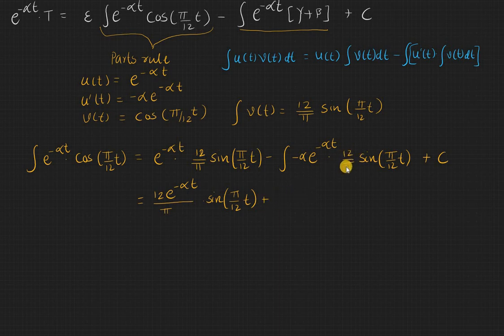We take 12 by pi and alpha outside the integral, so it will be 12 alpha divided by pi, and into the bracket we have integration of e to the power minus alpha t sine of pi by 12 into t. Oops, it should be bracket plus c.